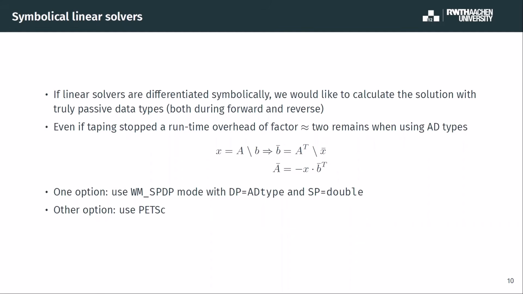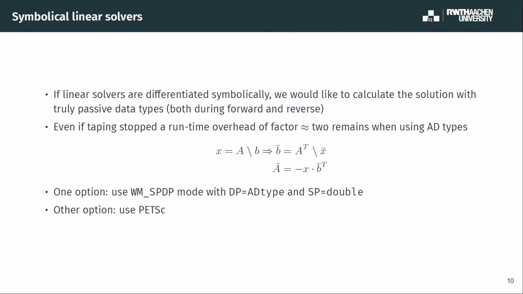One solution I explored was using the single precision, double precision mode, which in general means do everything in double precision except the solvers in float. I wanted to hijack that, do everything in my AD type, and do the linear equation solvers in double precision. I tried it, it didn't work. To be totally honest, I forgot why.